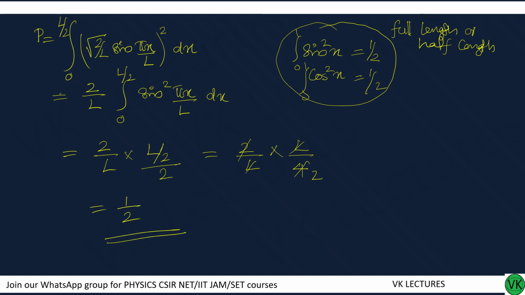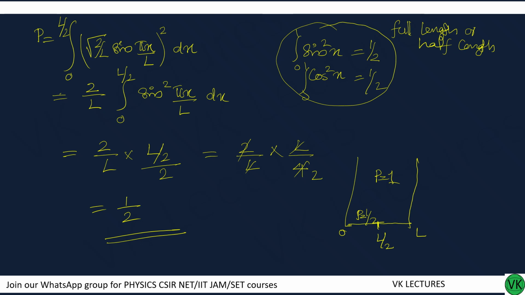So we are getting the probability of finding the particle from 0 to L by 2. Just consider this is our particle in a box, 0 to L. We know that from 0 to L the probability is equal to 1 because the particle is inside the box. From 0 to L by 2, just half the limit, it is P equal to 1 by 2, just half of the full probability.